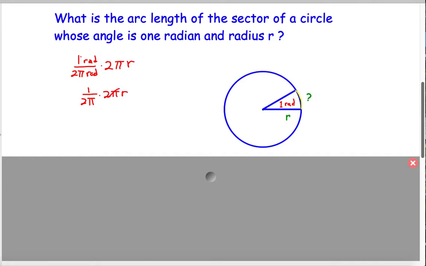And notice, if we do some canceling there, the answer is just r. So the arc length is going to actually equal r, and I know it doesn't look like it in the picture, but that arc length will be the same. If that was a piece of string and we held it out and straightened it out, it would be the same as the length of the radius for that circle.